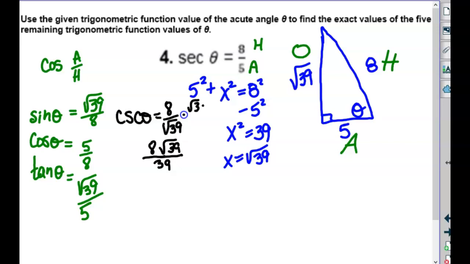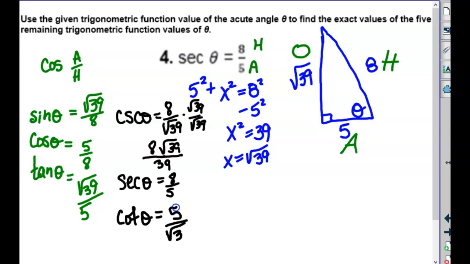Multiplied by square root of 39 over square root of 39. All right. Let's see, what am I missing? Secant was given. I'm going to put it in my list down here, though. Cotangent. Okay, we have to flip over tangent. So again, we'd end up with 5 square roots of 39 over 39.